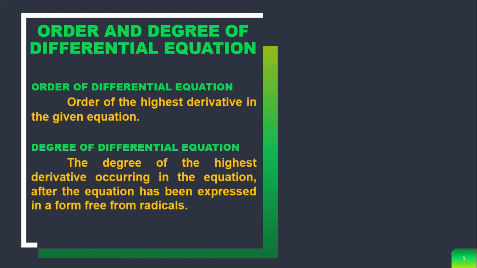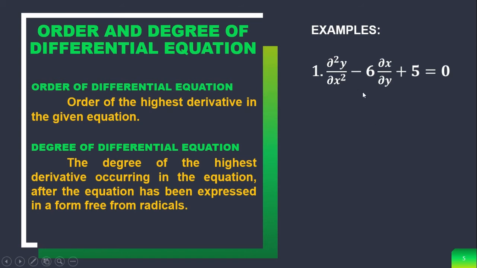So, again, to clearly understand the concept, I have here examples. First example, the second partial derivative of y with respect to x minus 6 times the partial derivative of x with respect to y plus 5 is equal to 0. In identifying the order, we'll locate the derivatives. We just consider the derivatives.